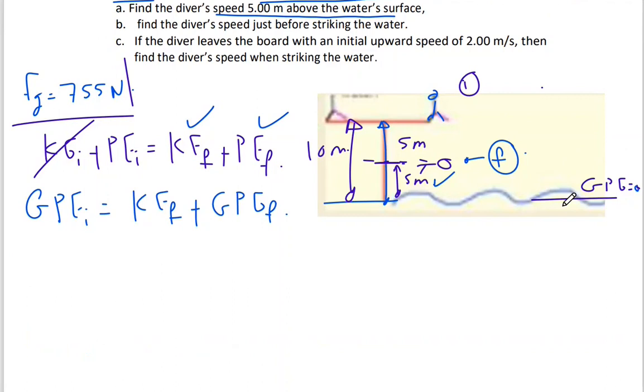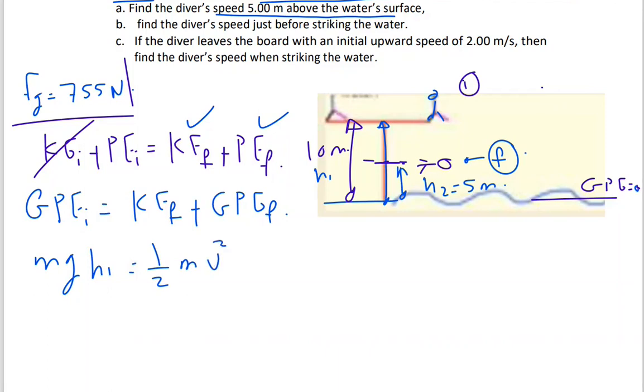So let's substitute now. Here, M, G, I'm going to call this one H1. And this height here, we call it H2. So the height of the diver from the surface of water, H2, 5 meters, equals half M V squared plus mg H2.